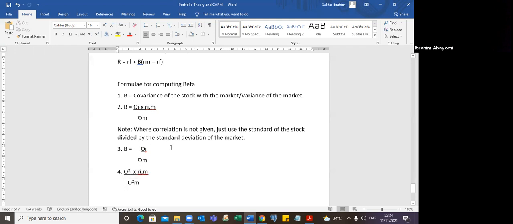I will advise that where you are given variance, just convert it to standard deviation. And you know how to do that. Just take the square root of the variance and you get your standard deviation straight away. So if you look at the question and see that what it has given is variance, take the square root of the variance to get your standard deviation.